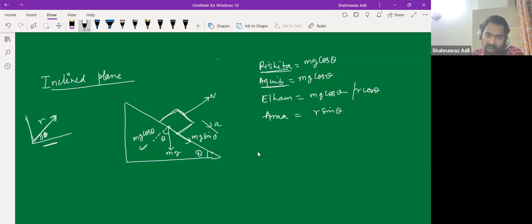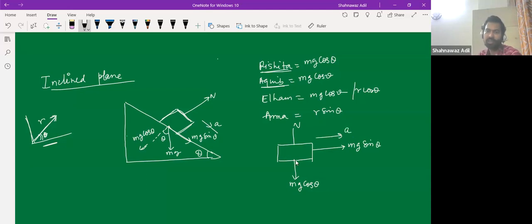Okay, so now let us write all the equations or the free body diagram. This is the normal, this is mg cos theta, and then this is mg sine theta, and then this is the acceleration.